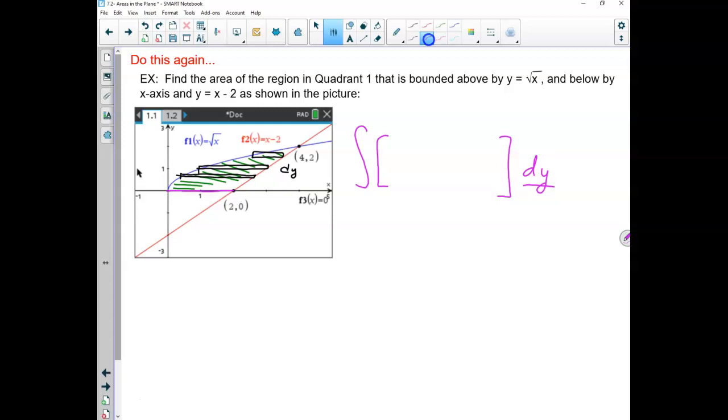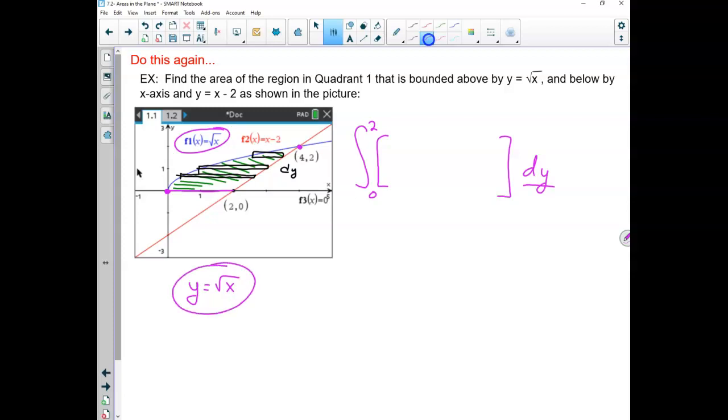And if I look at that, I'm going from 0 for y, and I'm coming all the way up here to 2. So I integrate from 0 to 2, and now the next thing I need to do is I need my functions in terms of y. So if I look at this blue one, I'm really looking at y equals the square root of x. I need to solve this equation for x.